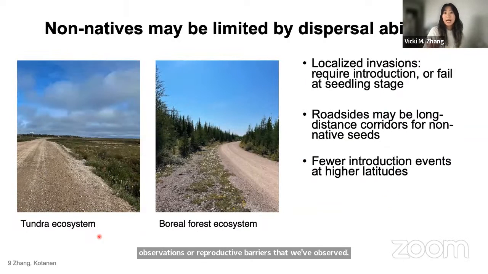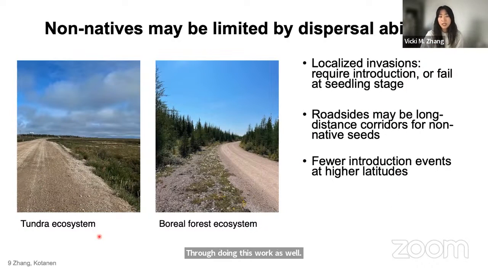Let's start with looking at how dispersal abilities might be limiting non-native species in Churchill. As you may know, seeds of non-native species might be unable to disperse into new areas without physical introduction, and once they're present, they might fail at that seedling stage, and this can result in localized invasions. As well, roads can serve as a corridor for invasion, especially via vehicles and human footwear.